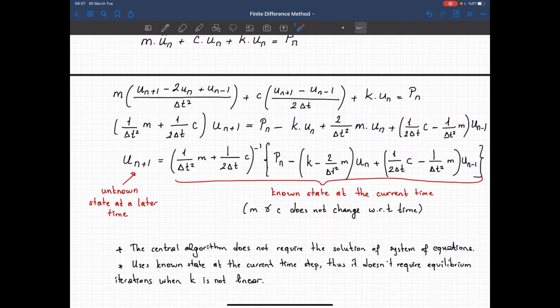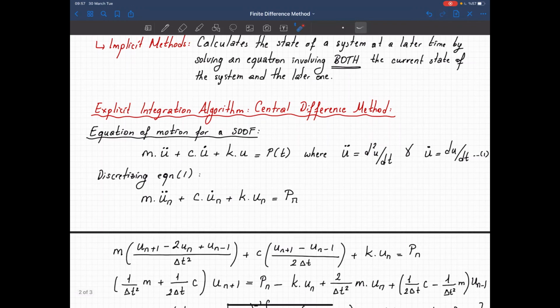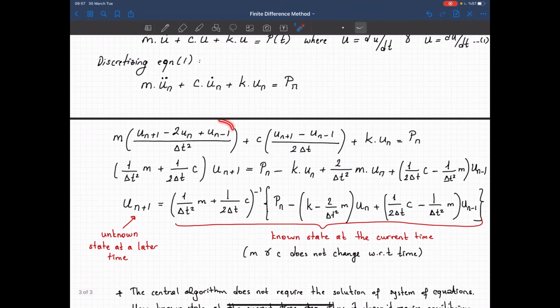That's the main advantage of the explicit algorithms. Now, the main issue with the central difference method is you need un minus 1. So when you start the solution, what un minus 1 is is a critical question. There are some recommendations for that, but the main disadvantage of the central difference is the requirement of the displacement at the time step that you have no idea what's going on.